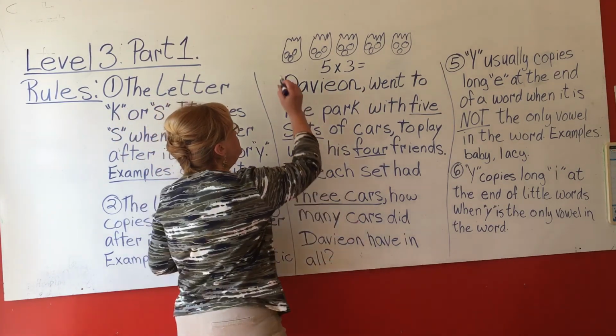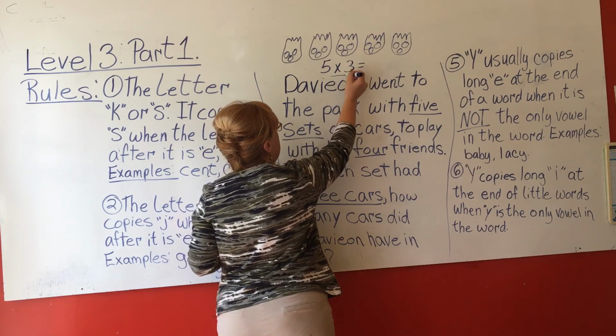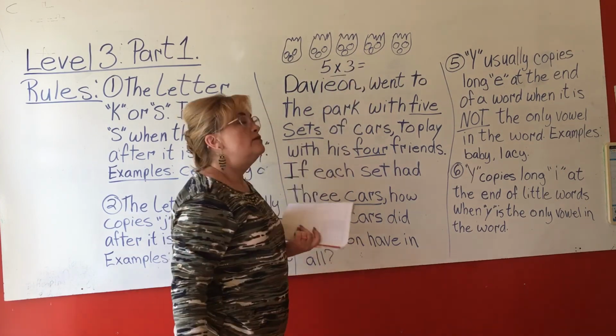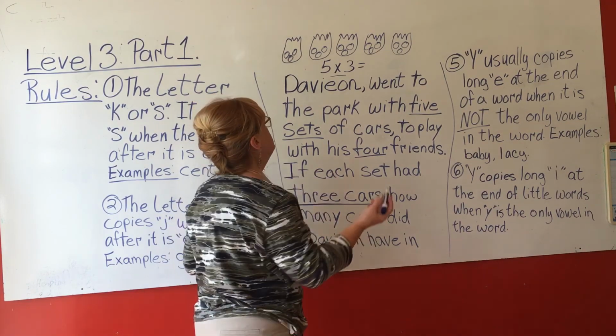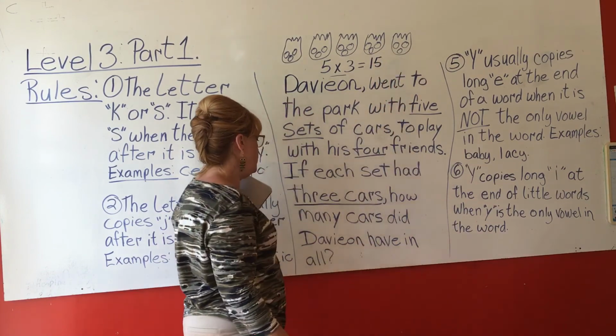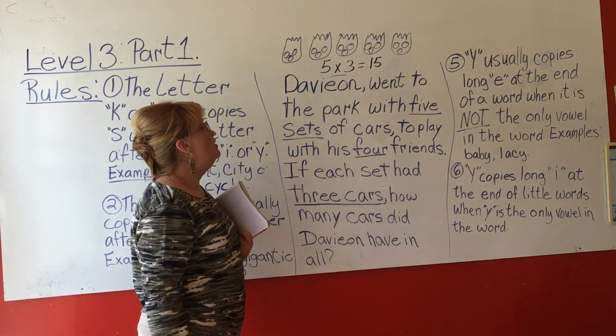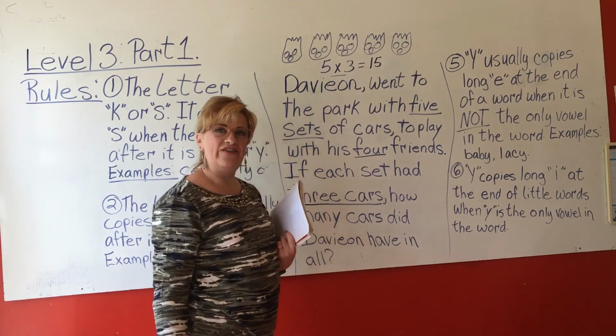But you don't need to do it like one by one like this when we can multiply and have it know the answer, the sum, faster. So 15. So they had 15 cars in all. So Davion and his 4 friends could play at the park with their cars.